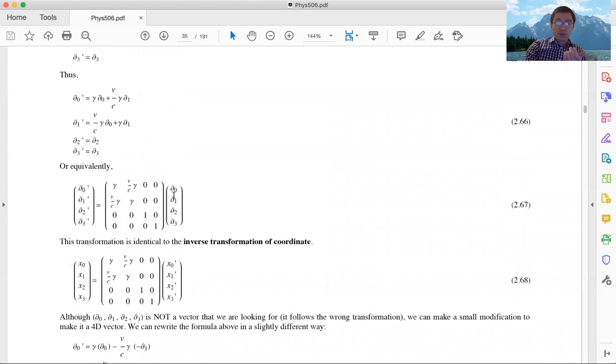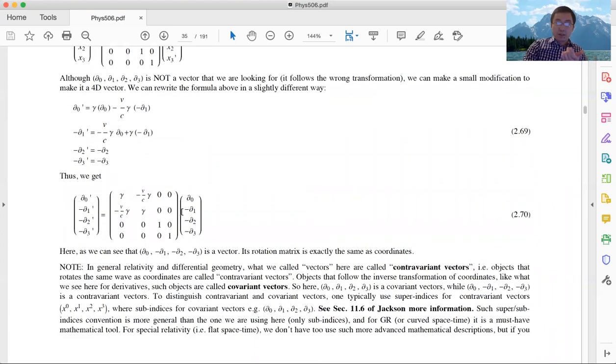So in this sense, the naive combination of the space-time derivatives is a covariant vector, and with the proper minus sign added, it becomes a contravariant vector. This concept must be used in general relativity. In special relativity, they are not necessary.